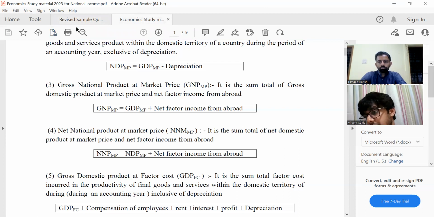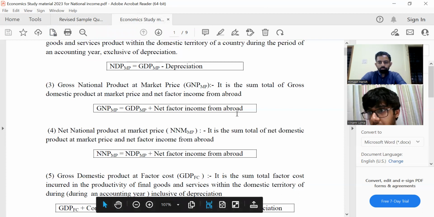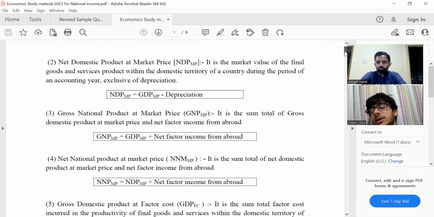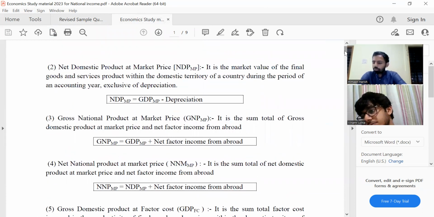One second, I'm just looking at it. It is included in a 16 marks chapter. Oh, it is included in the 16 marks. So it's included in microeconomic theory as well. Okay. So 8 plus 4, so 12 marks.